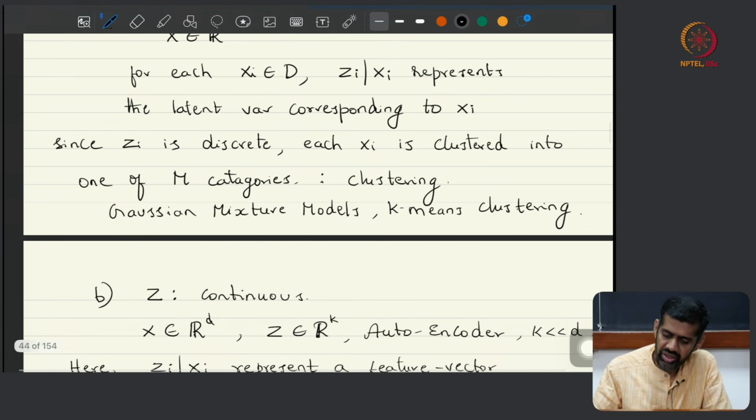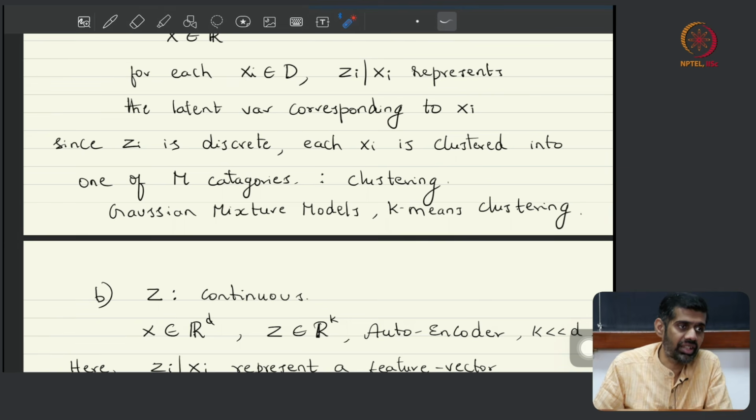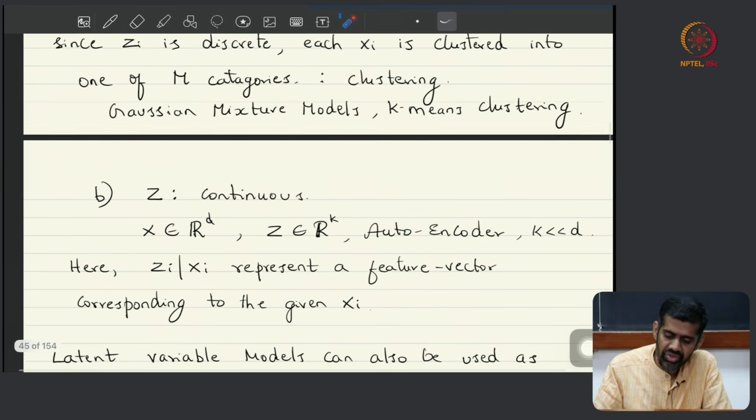Okay. So, if z_i is discrete, then each x_i is clustered into one out of m categories. That is why all the clustering algorithms can be seen as latent variable models with discrete latent variable, including Gaussian mixture models, k-means clustering, and hierarchical clustering.